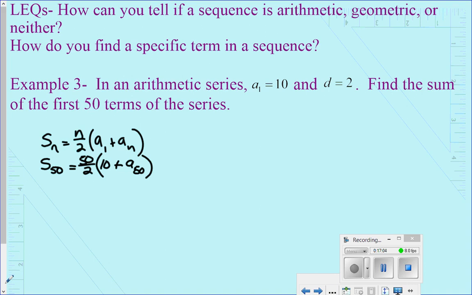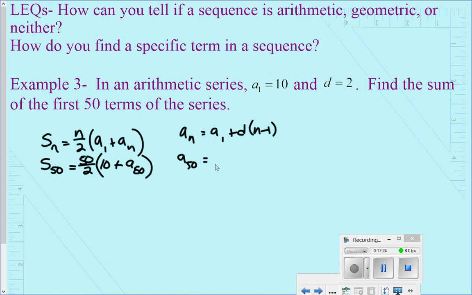So now that I've filled in everything I know, it's obvious to me what I need, which is a sub 50. So in order to get that, once again, we'll use the explicit arithmetic formula to get the 50th term. So a sub n is equal to a sub 1 plus d times the quantity n minus 1. So I want a sub 50.